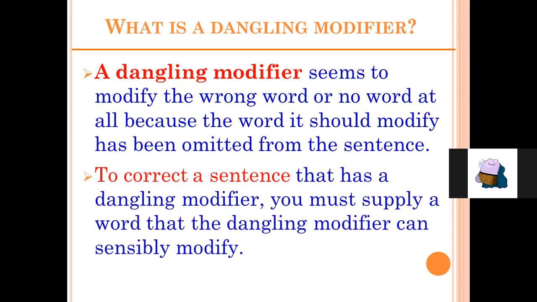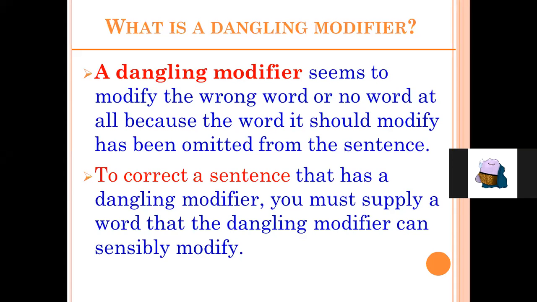To correct the sentence with the dangling modifier, you must supply a word that the dangling modifier can sensibly modify. Yeah, you must add the word that your dangling modifier can sensibly modify.